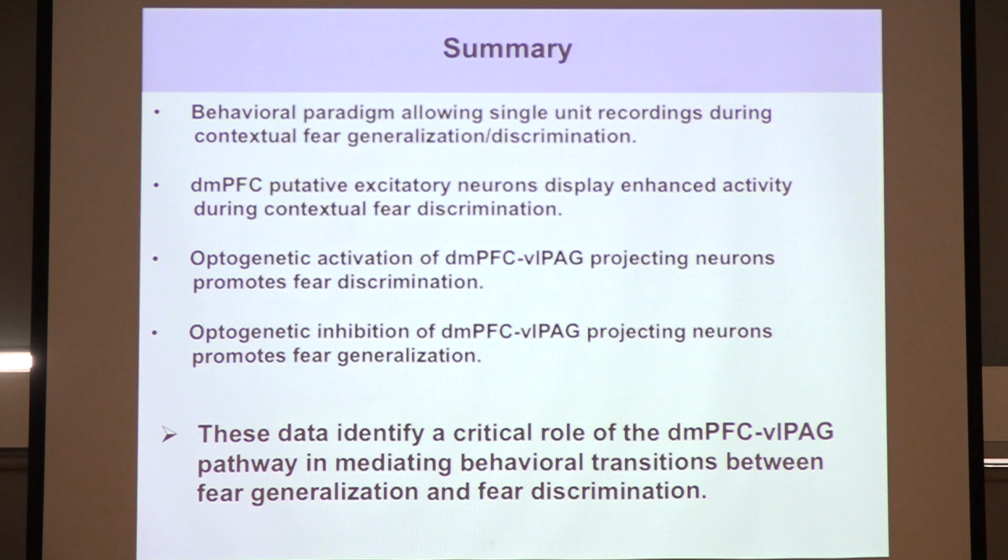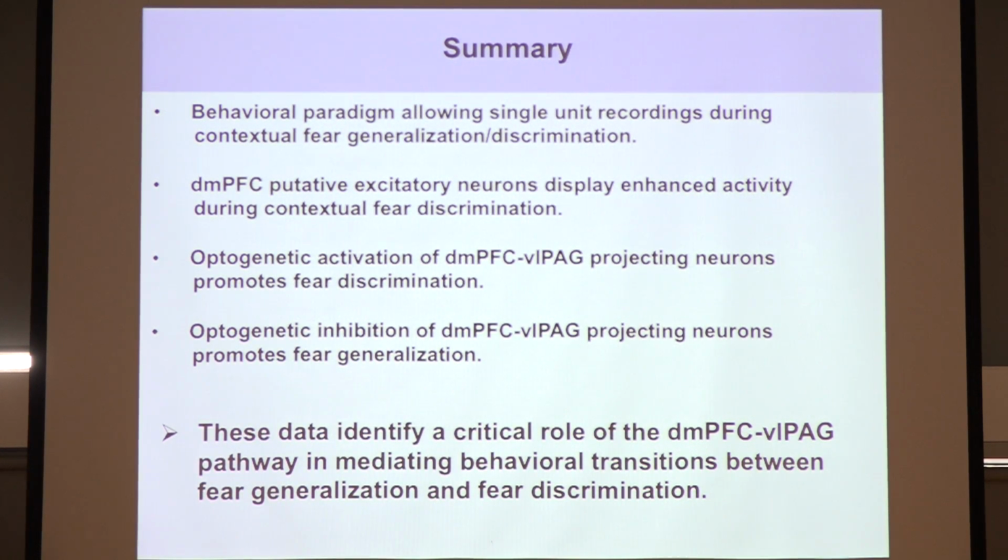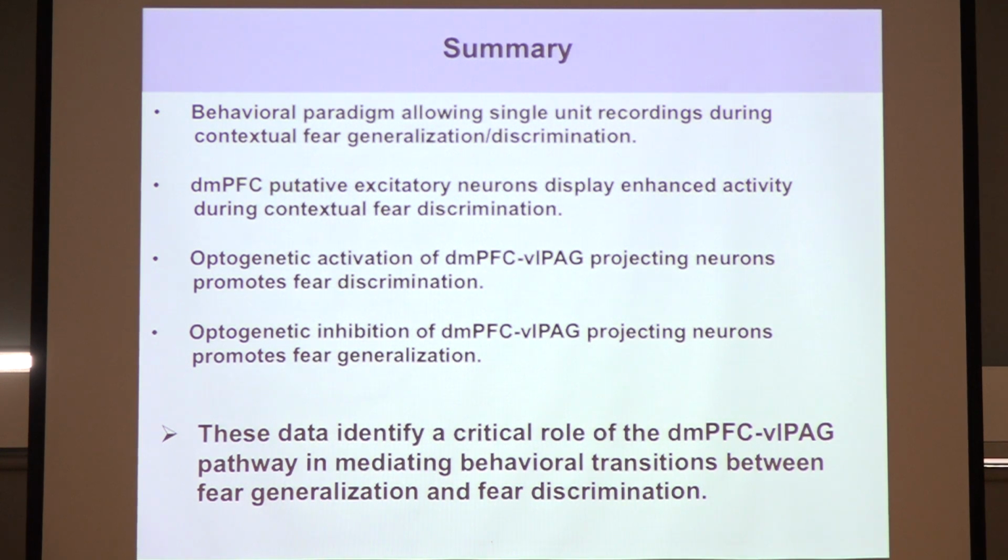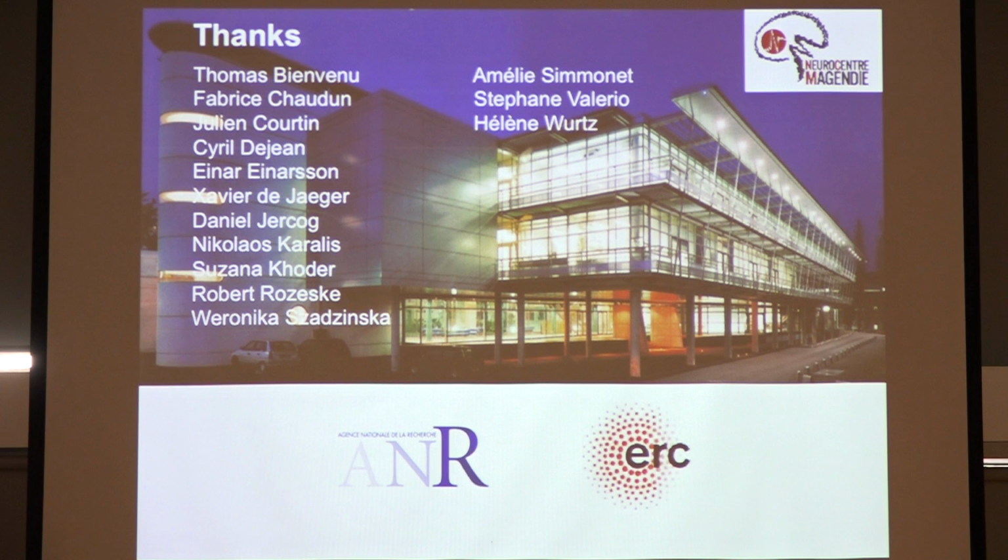So we think we have identified a critical role of this pathway from the mPFC to the VLPAG in mediating the behavioral transition between fear generalization and fear discrimination. And again, you have seen we have always used the same strategy. First, we record the neurons, we try to identify what they are doing, and we try to perform the optogenetic manipulation, matching exactly the changes in activity of the neurons.